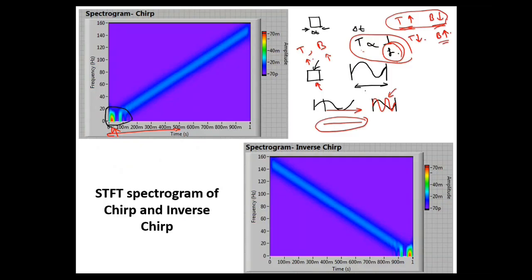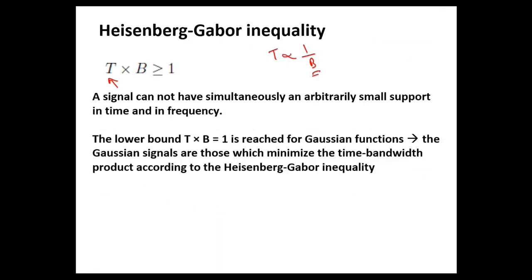What you have seen here is that at the low frequency components, you're not getting proper results. They will creep in and give you some erroneous results. So the Heisenberg-Gabor inequality says that for satisfactorily analyzing a signal, we have a condition that the time bandwidth product should be lower bounded by 1.